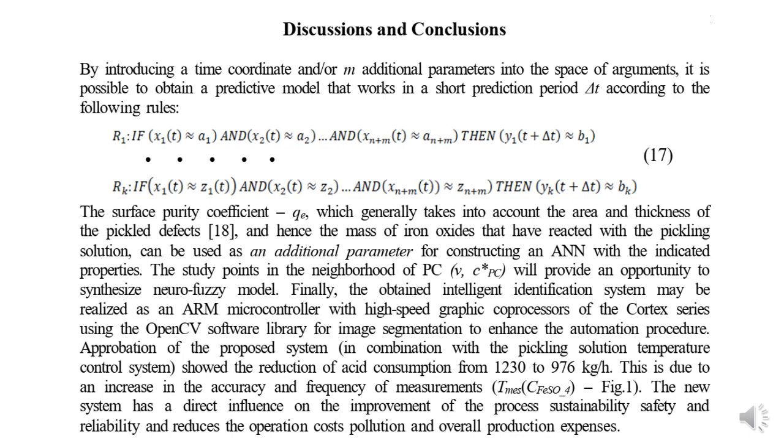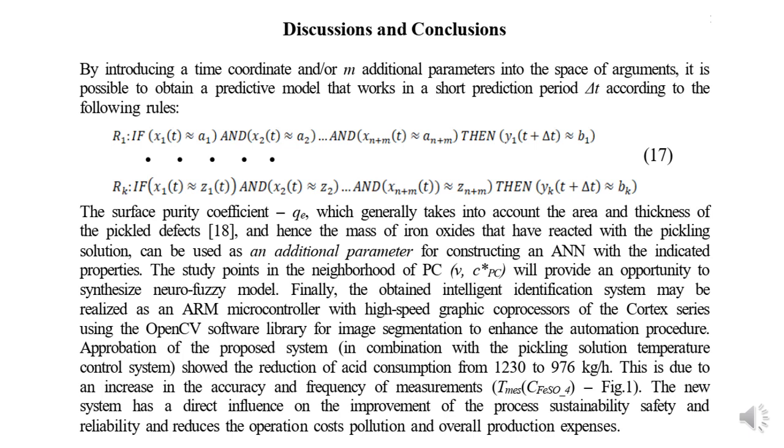In addition, by introducing a time coordinate and or m additional parameters into the space of arguments, it is possible to obtain a predictive model that works in a short prediction period delta t according to the following rules, equation 17.